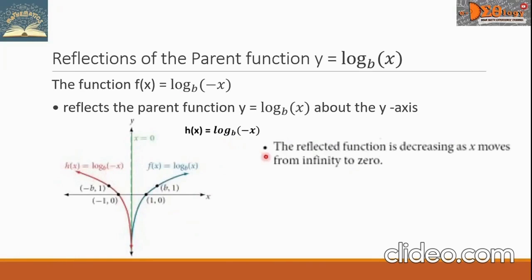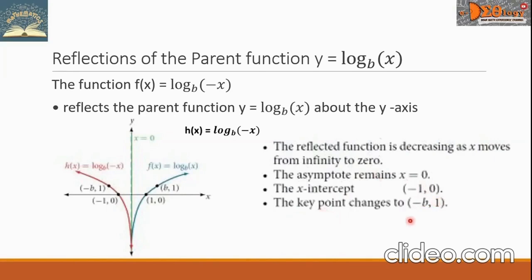The reflected function is decreasing as x moves from infinity to 0. The asymptote remains x equals 0 or the y-axis. The x-intercept is now negative 1, 0.